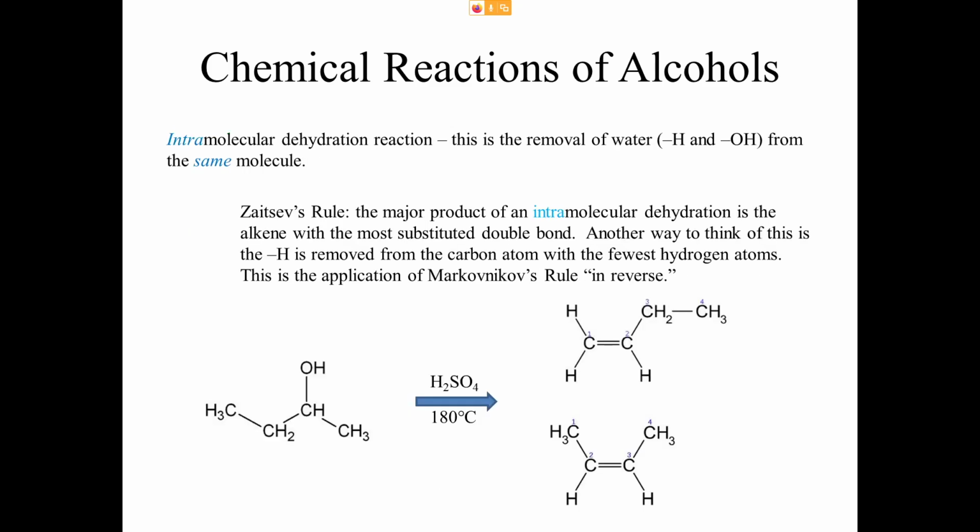Here's an intramolecular reaction. Okay, this is within the same molecule, so the fact that I put it at 180 should give that away, but be careful, it can occur at 140 if it's not primary. Right? So is this one a primary alcohol? Looking at the molecule on the left, right down here, is this a primary alcohol?